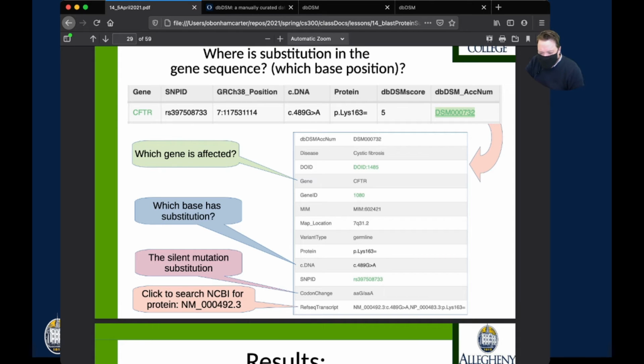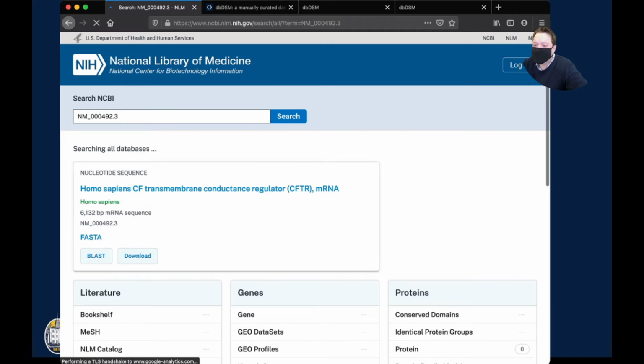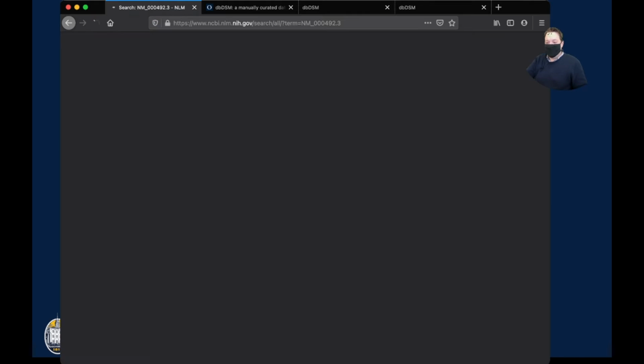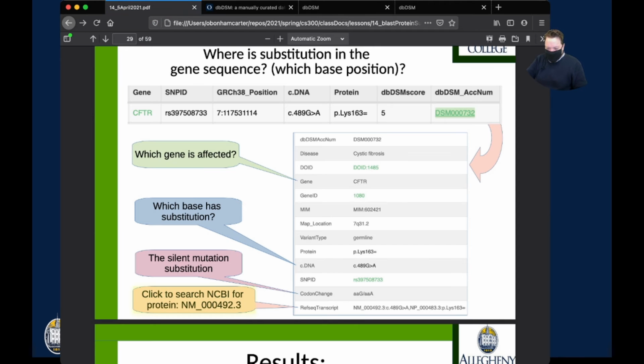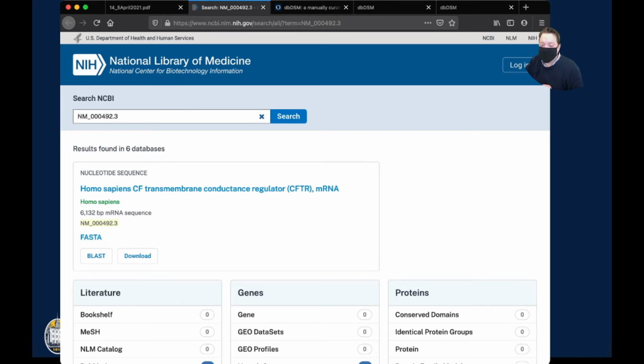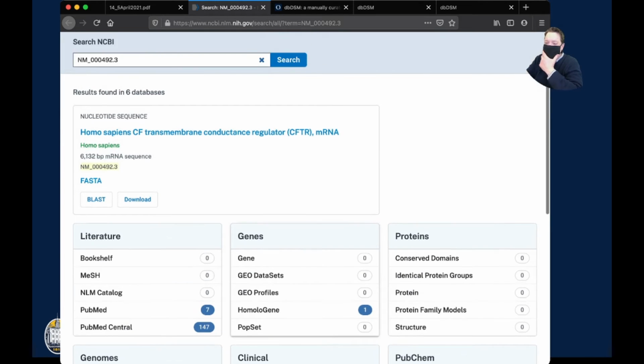Over here is more information about what the silent mutation was. This is a G which was replaced by an A. If you go back to the slides and click on this bar down here, I'll open this in a new tab. If you click on the last speech bubble, you'll find the record that I found of this gene at NCBI.